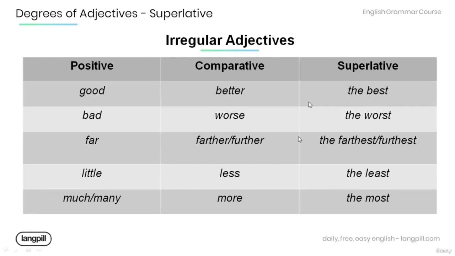Now let's have a look at the comparative and superlative form of irregular adjectives. Positive, good. Comparative form would be better. Superlative, the best. Bad. Comparative, worse. Superlative, the worst.